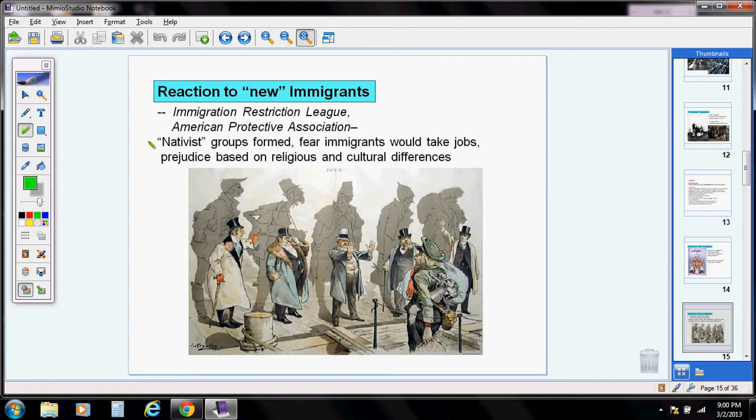And they feared the new immigrants from Southern Eastern Europe would take their jobs, that they were religiously or culturally inferior stock. And so they formed the restriction leagues, the protective associations to protect the old stock immigrants.